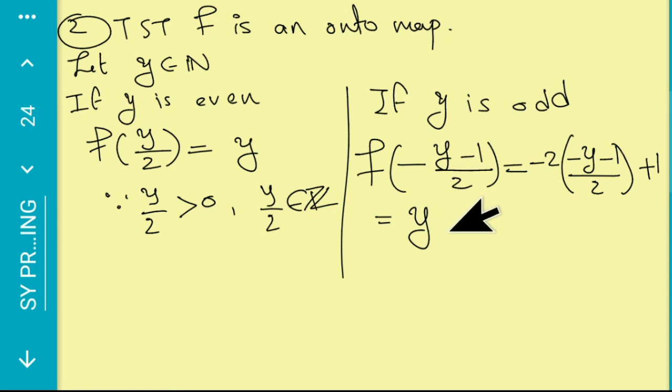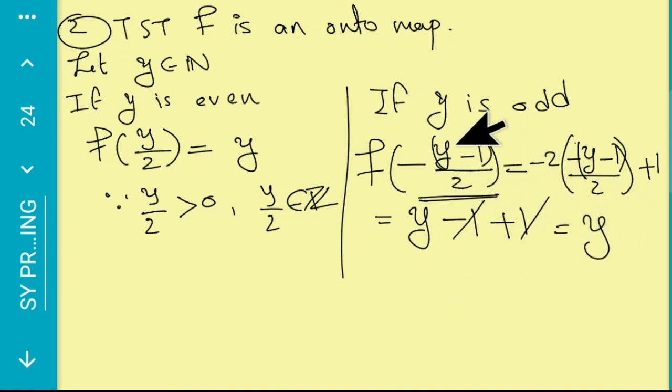So it is y. Here I should have plus 1, right? Otherwise it is not coming out the way we want. Oh, no, here there is a bracket, since I considered this minus outside. Now this is fine, right? I mistakenly took that minus only to the y, but it applies to the entire one, so it becomes minus 1 plus 1. Yes, so it becomes y. That means this element is nothing but the pre-image of this y if my y is an odd number.